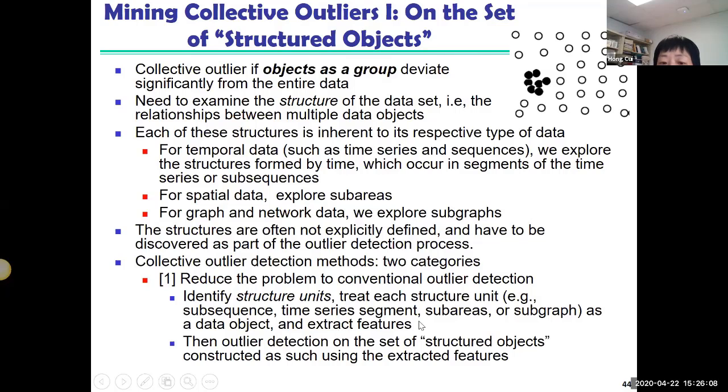With this extraction step, we have converted a collective outlier problem into a global outlier problem or a contextual outlier problem. And then we can use the methods that we discussed earlier to identify the outliers in those scenarios.